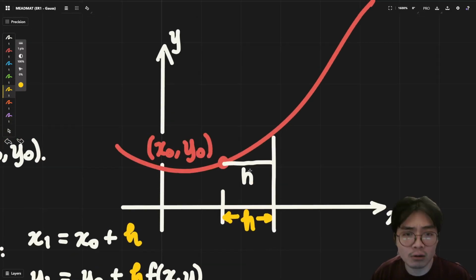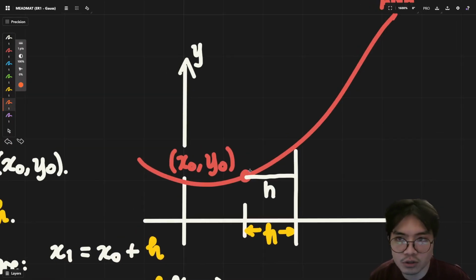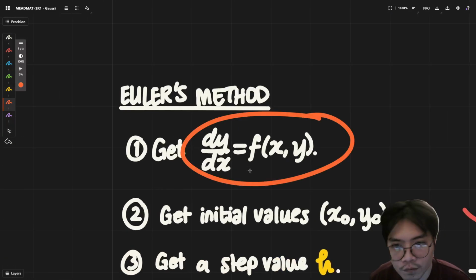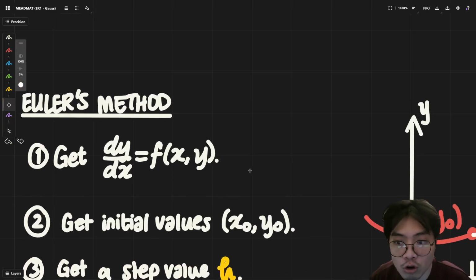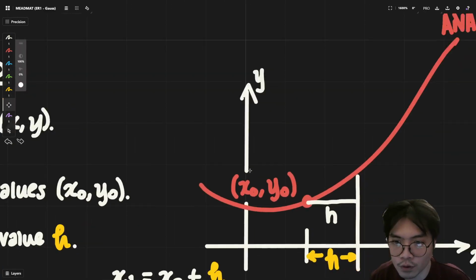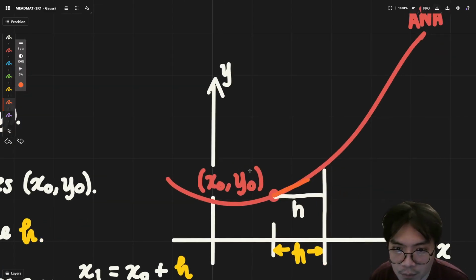Now, what does that look like in here? Currently, this equation or this analytical solution, we don't know the shape of it, but we know at the very least that because of the differential equation, we get to know the slope of it. How do we get to know the slope? This is because dy over dx is the slope of your function. So say, for example, we know the slope of this function is going to be like this.